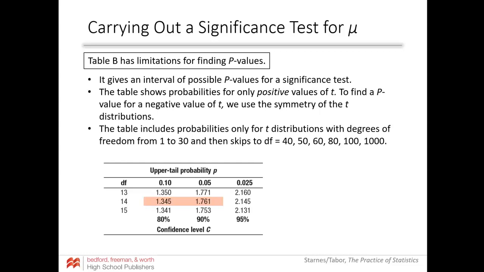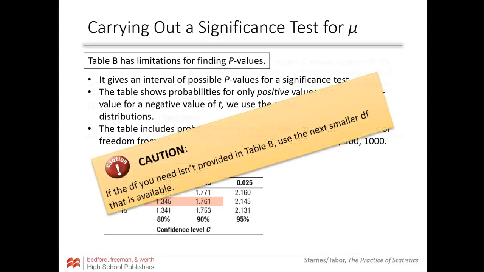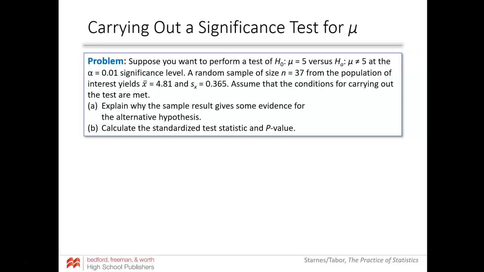You would have to go down to the lower degrees of freedom in the chart. So we would round that down to 80. It's just to be more cautious. That's why they're having you do it that way. But again, it's a limitation of the table. So with that in mind, we're probably going to use technology quite a bit.